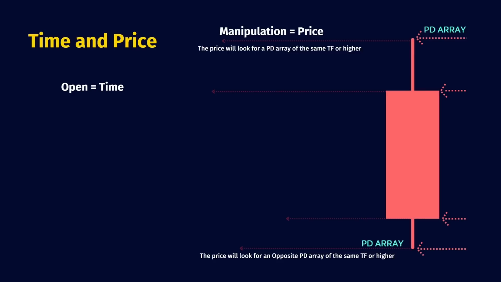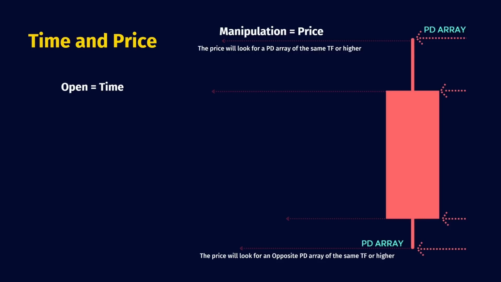The wick high and the wick low in every power of three is at one specific PD array. So when price opens and moves to the manipulation, it's for printing the wick high at one specific PD array, of the same time frame or higher, never lower. Lower only when you have the higher time frames in your framework and you need to refine this PD array, but your main PD array is on the same time frame or higher time frame.